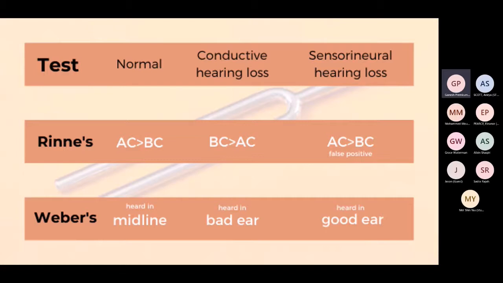And then what happens with Rinne's is air conduction is greater than bone conduction in sensorineural hearing loss. And that's because bone conduction works by directly stimulating the organ of Corti and some of the auditory nerve. So you can't amplify sound with bone conduction.